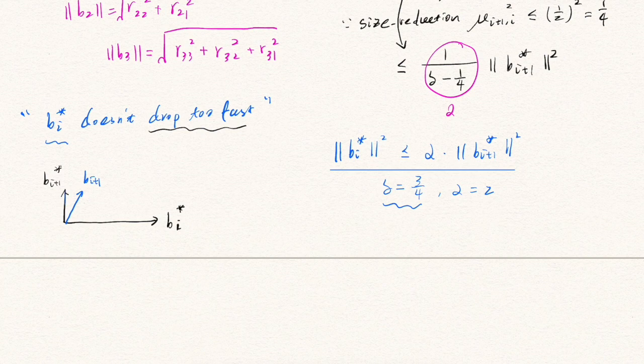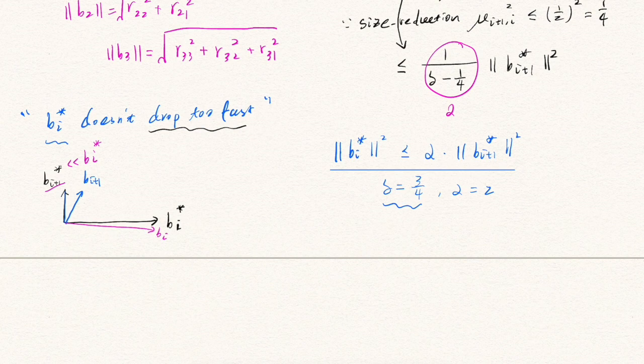If this is short and it drops very quickly compared to the previous orthogonal ones, we don't know exactly where Bi is, but again, it should be in the vicinity of Bi star. Now, if Bi plus 1 star is significantly smaller than Bi star, the previous orthogonal vector, then there's an opportunity to further reduce it.